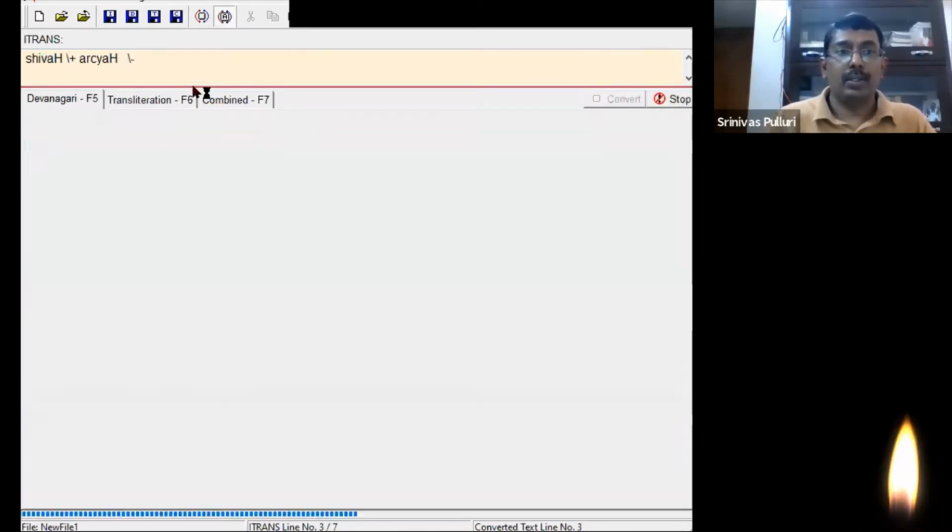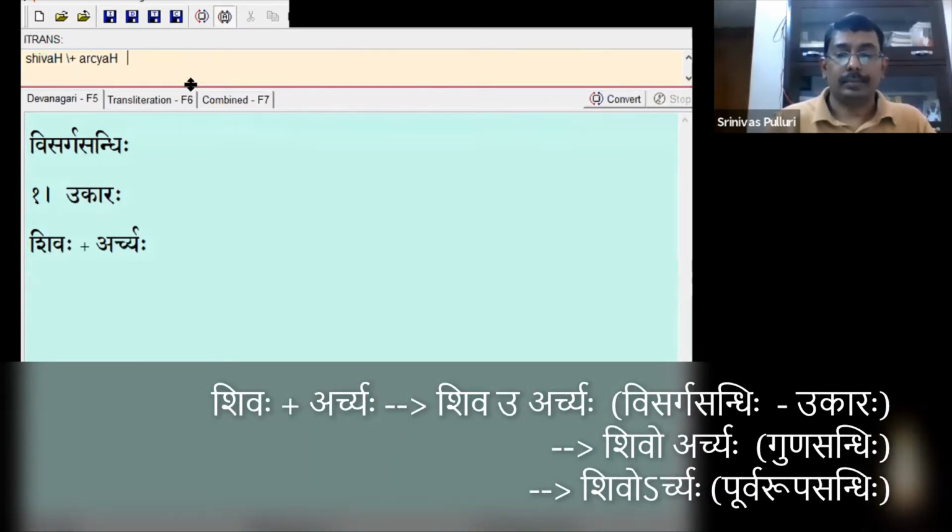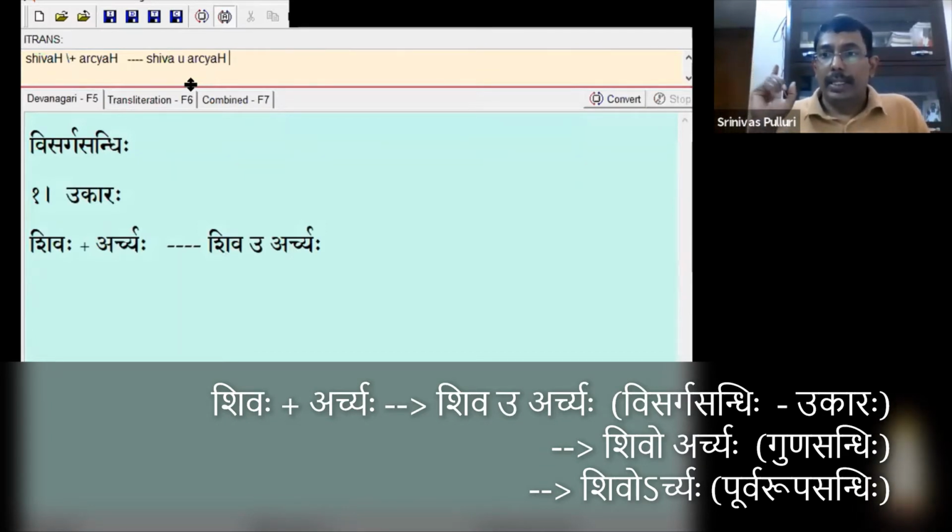Now look at this one. Shiva and u plus archyaḥ. Is it clear? Step number 2: the visarga is preceded by a, followed by a or soft consonants. Here a is there. Hence visarga becomes u. Up to here this is wonderful, no doubt. But can we leave it as it is?